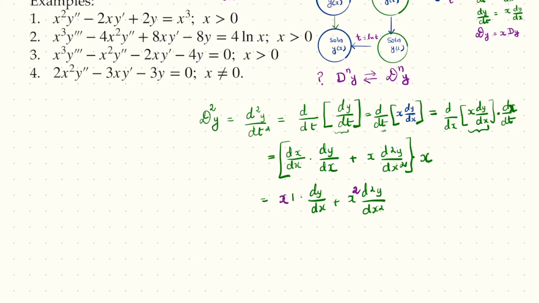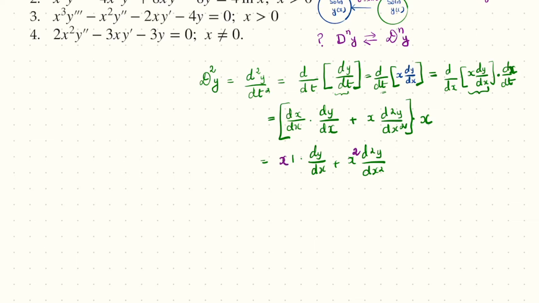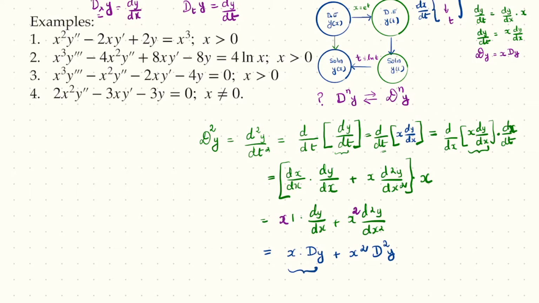So if I rewrite this in terms of my notations, because of the script d and the regular d, this is x times the regular dy, and this is x squared times the regular d squared y. And what is the x dy? If you recollect what we had earlier, x dy is equal to script dy.